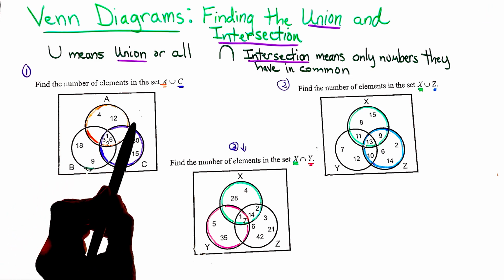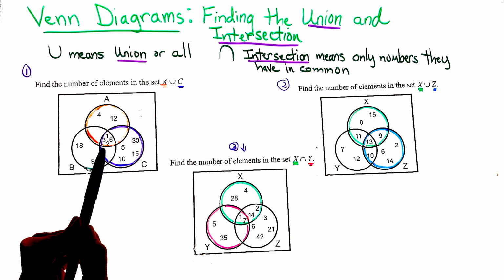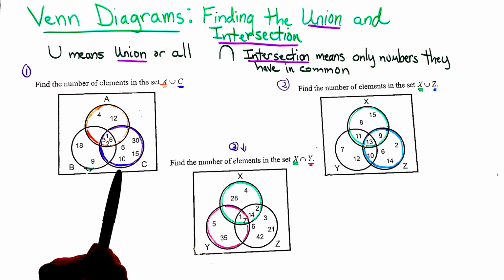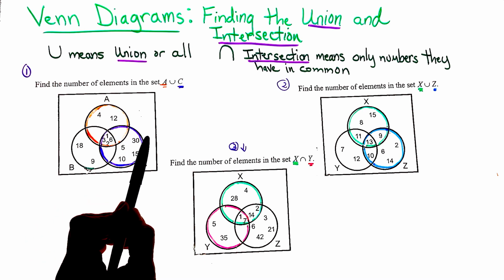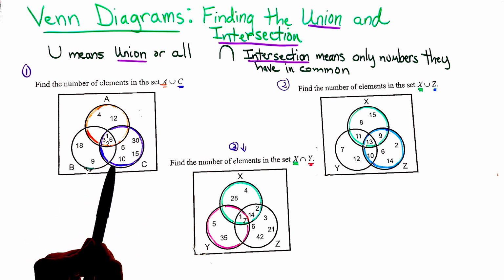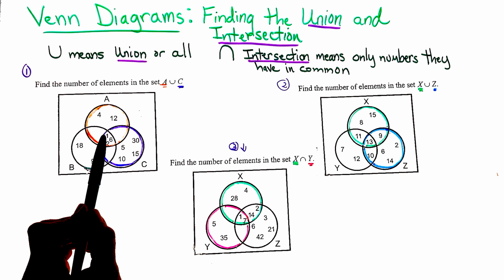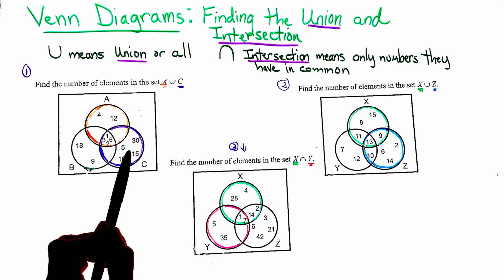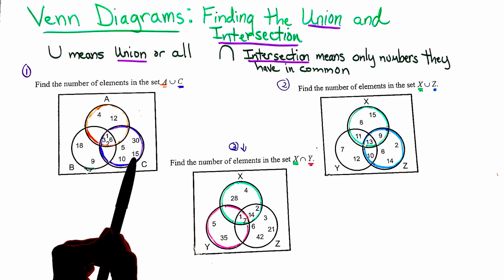It's all in that outlined circle of orange. For C, I've outlined it in purple, and C are all of this area. So notice it is a 1, 3, 2, 6, a 5, a 10, a 30, and a 15.